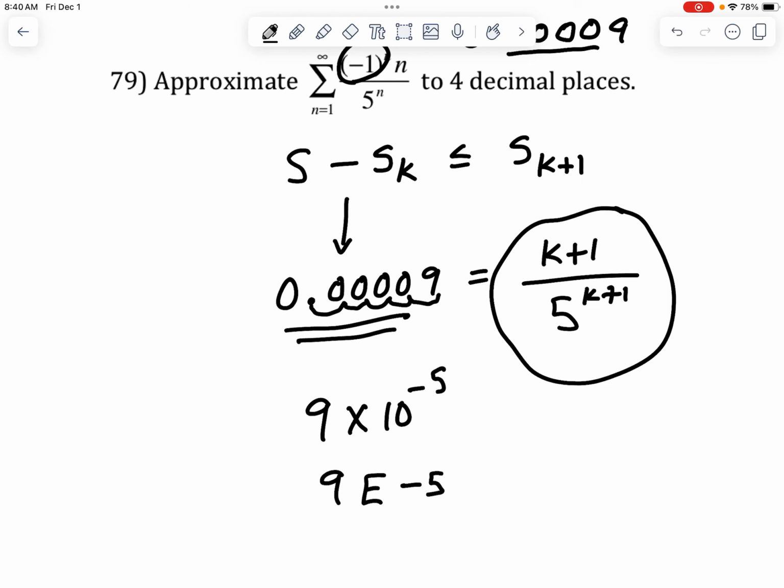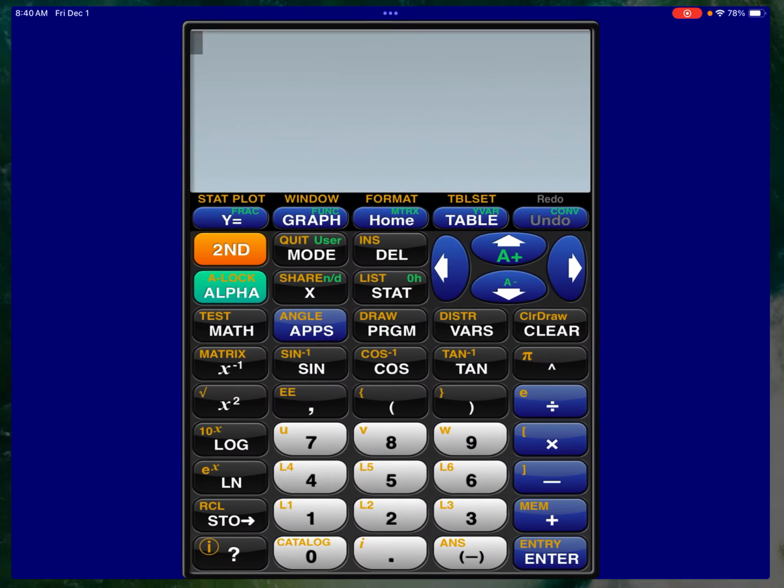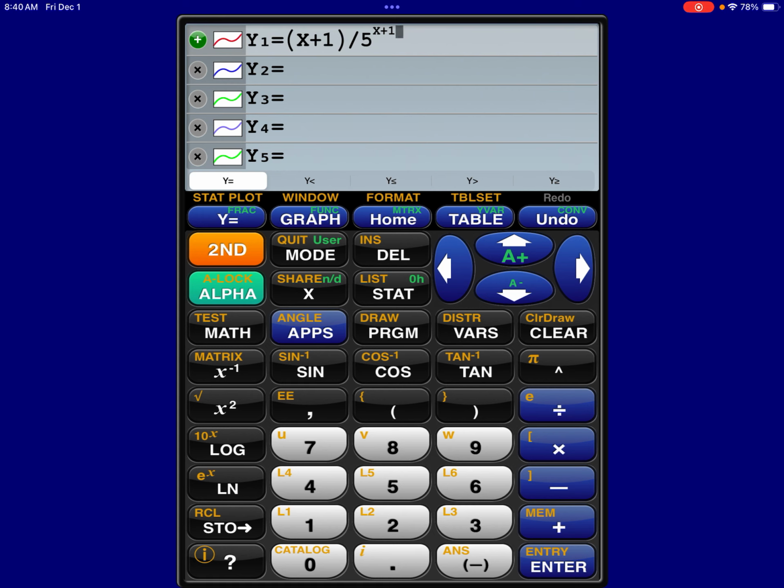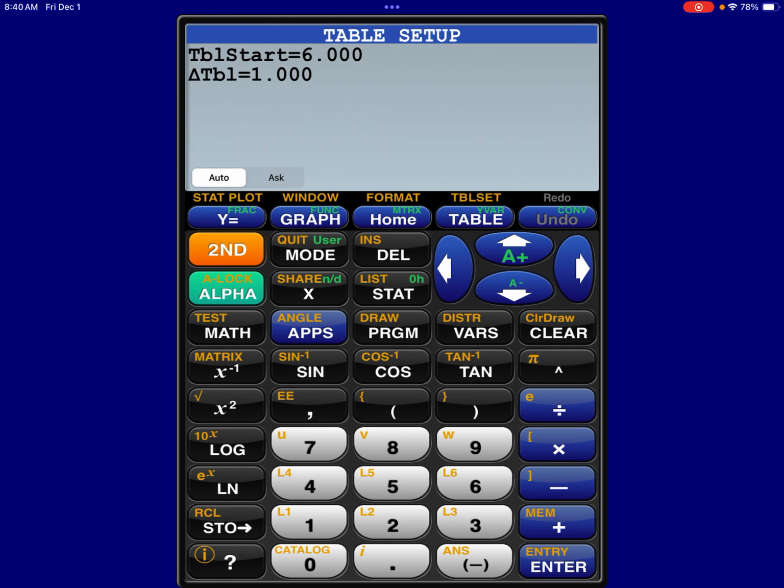Okay, let's go over to the calculator. And I did my work beforehand and typed the function in. And then I'm going to make a table. So go to second table set, starting at 1, going up by increments of 1, and then look at the table.